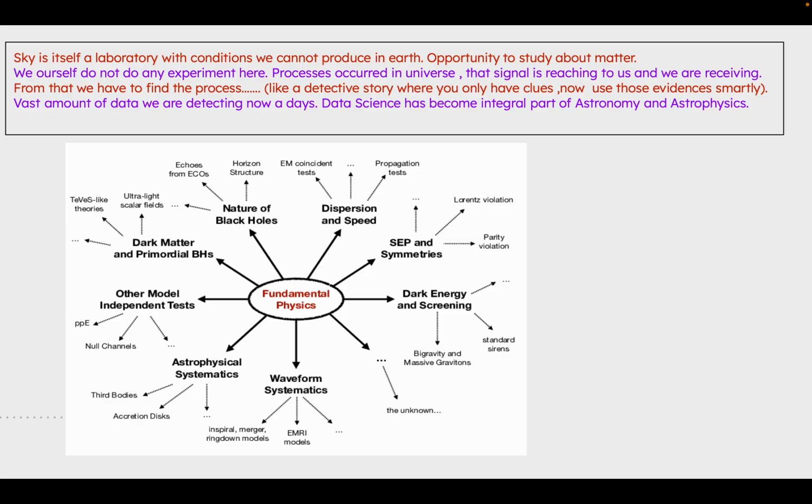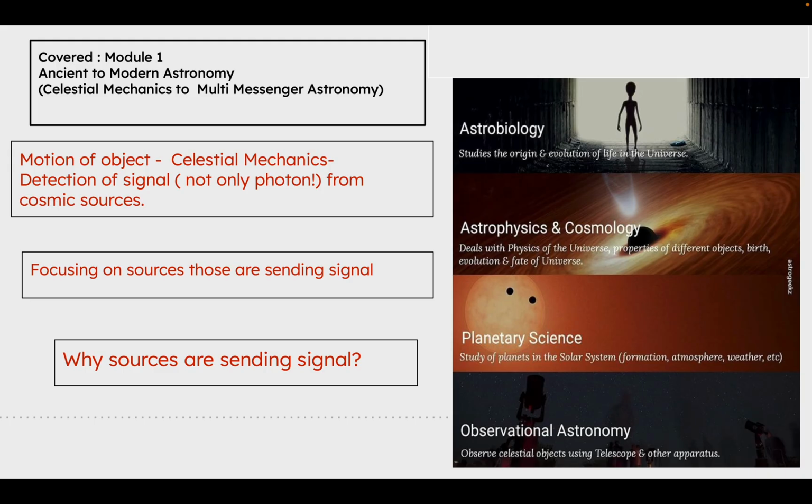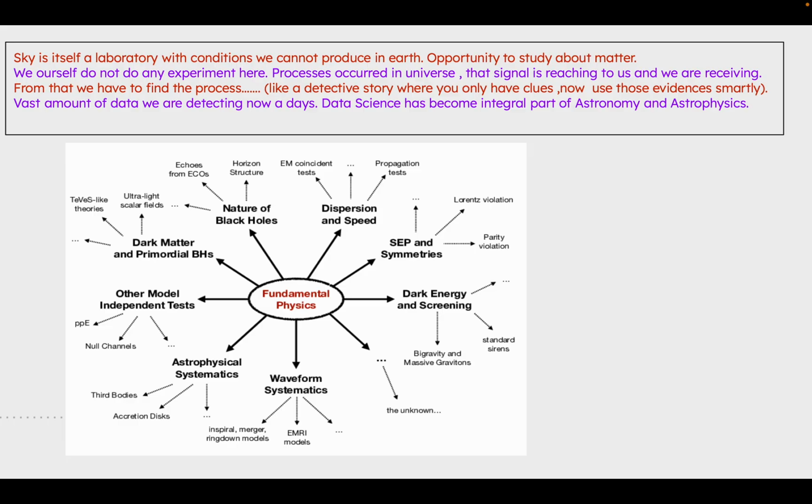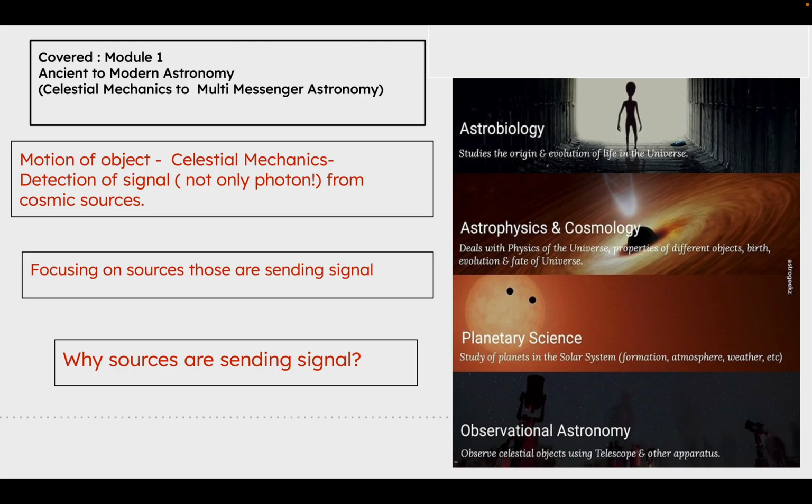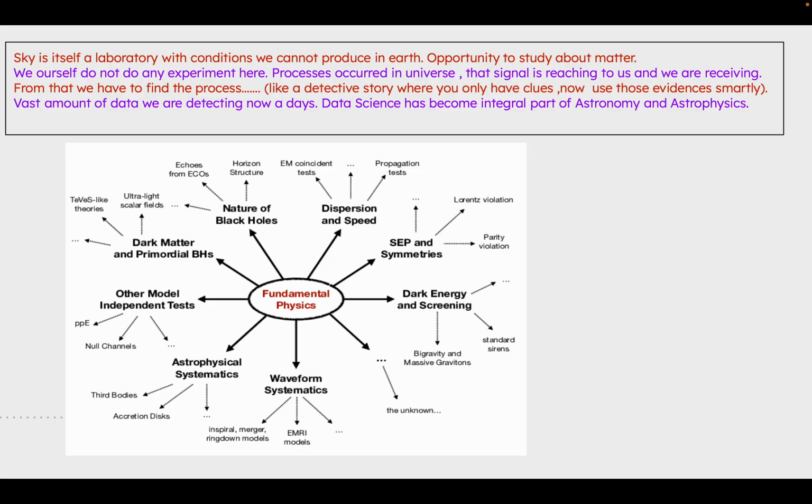Before going to today's lecture, we want to have some feel of astronomy, or the feel of the course we are studying. You can think of the sky as a laboratory which gives us a vast range of conditions that we cannot produce on earth.